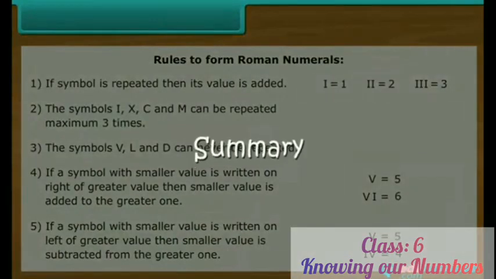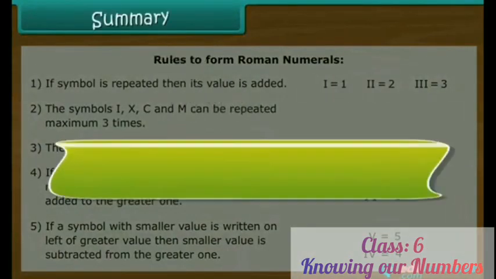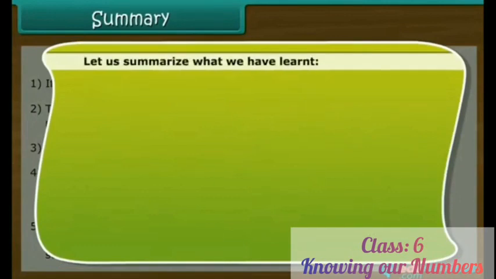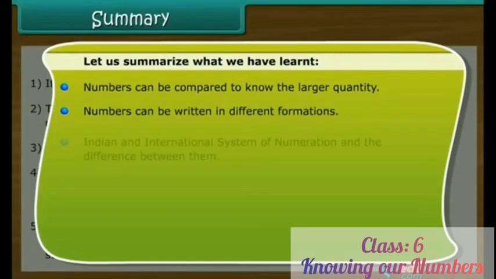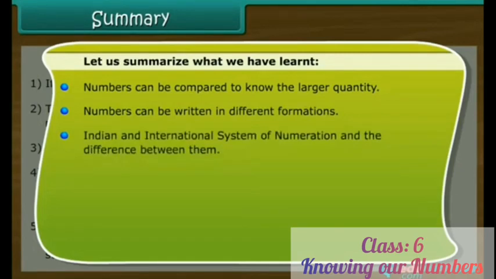Summary. Let us summarize what we have learned. Numbers can be compared to know the larger quantity. Numbers can be written in different formats. The Indian and international systems of numeration and the difference between them.